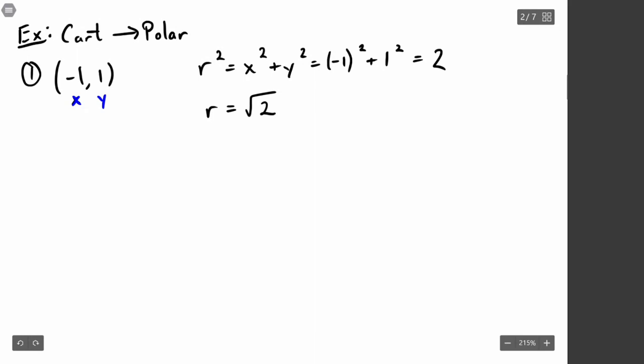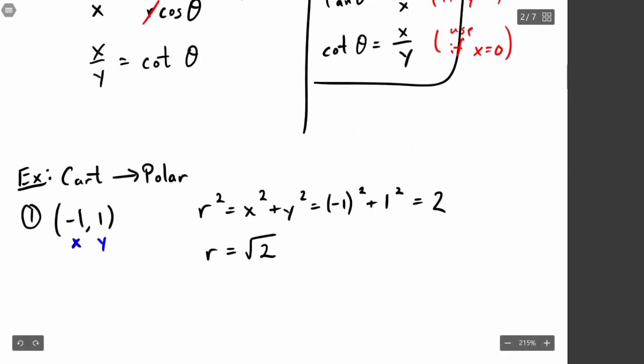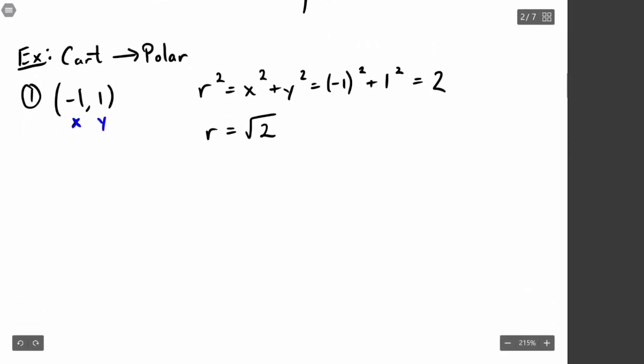All right. How do we get theta? Well, we can try and sort this out. So here we have tangent of theta is, let's see, y over x, so this will be 1 over -1. So tangent theta is -1.